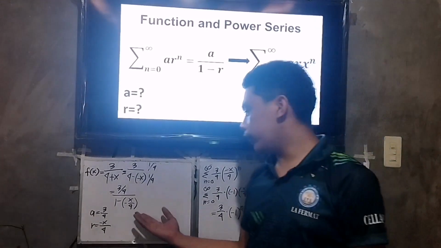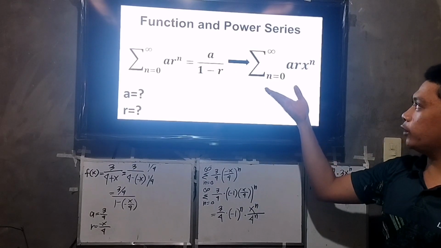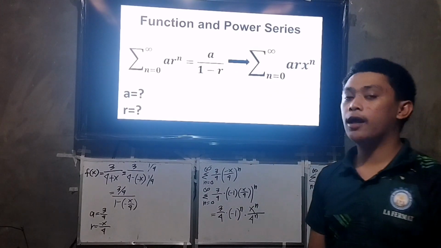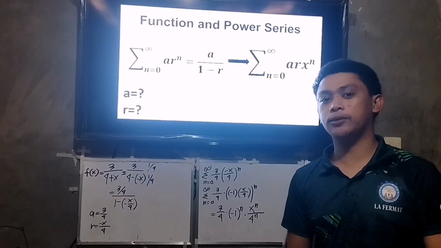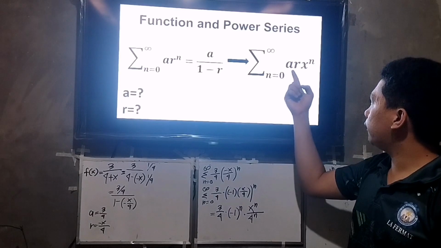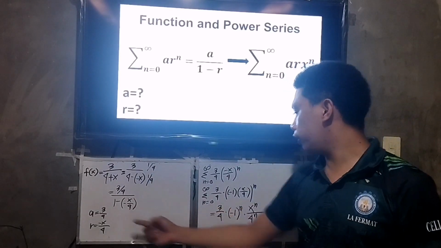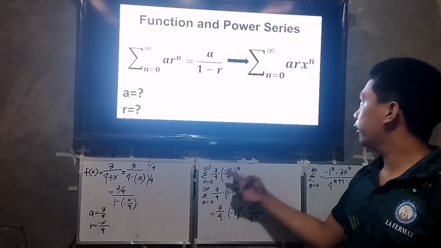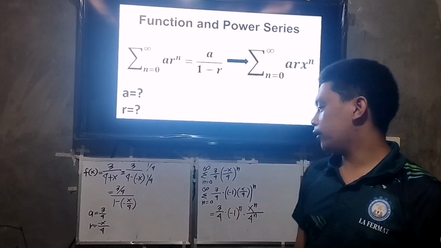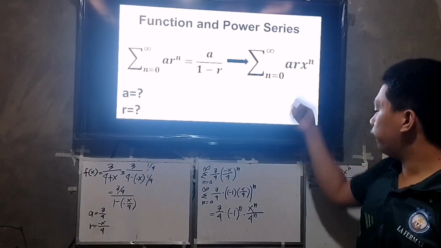Since we got the formation, we proceed to the summation of a r to the power of n, as n approaches from n equals 0. First, we input a, which is 3 over 4. Then r is negative x over 4, raised to the power of n.